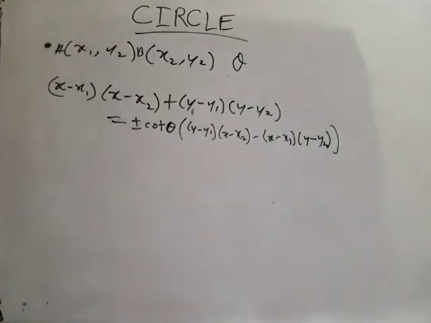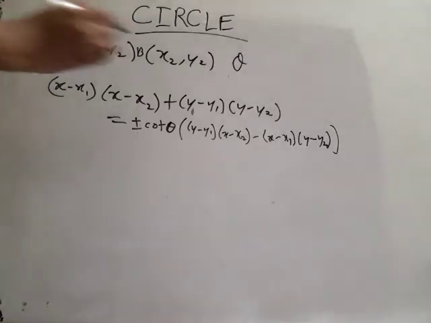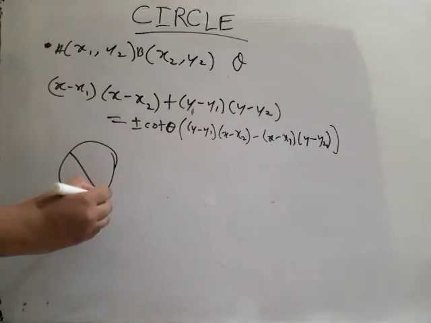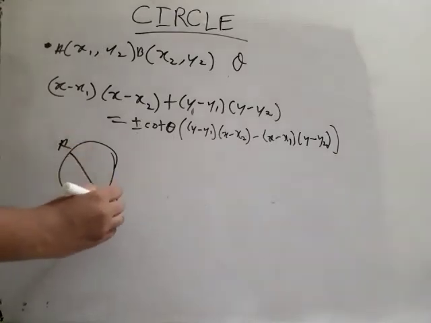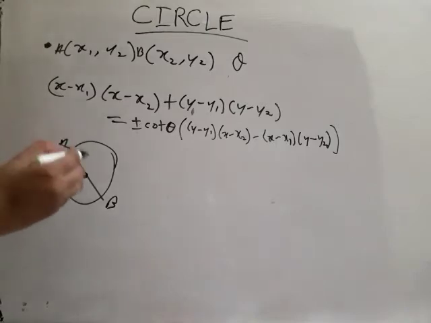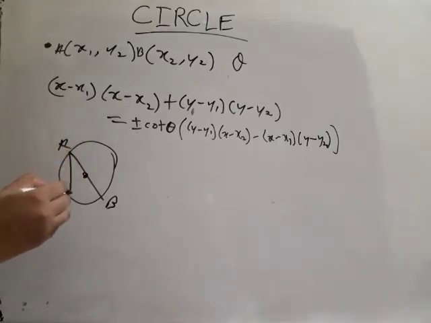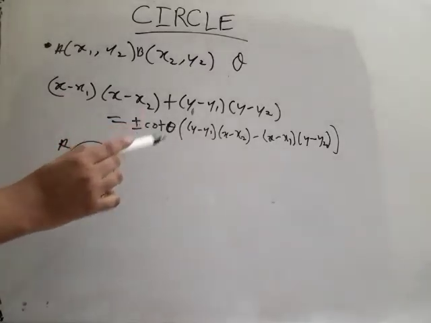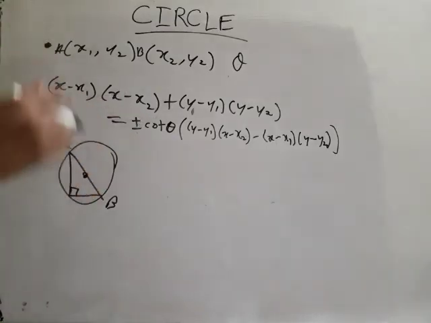Okay, now suppose if these A and B were the extremities of diameter, means AB is the diameter of the circle, then we know from class 10 syllabus that diameter always subtends 90 degree at circumference. Then theta will be 90 degree, cot theta 0.